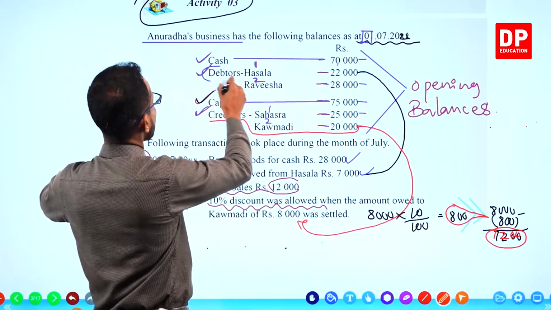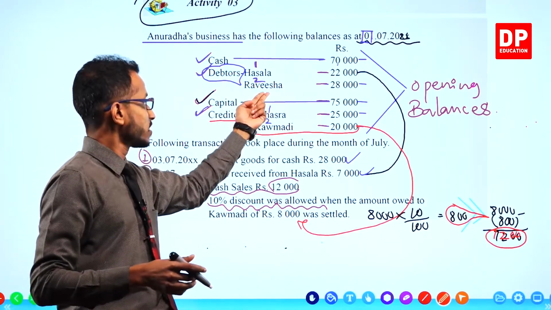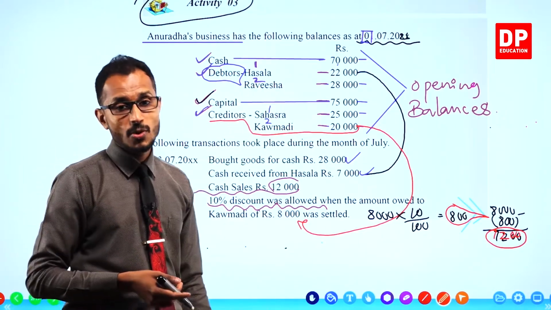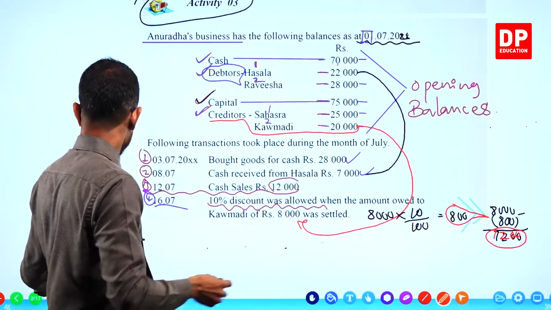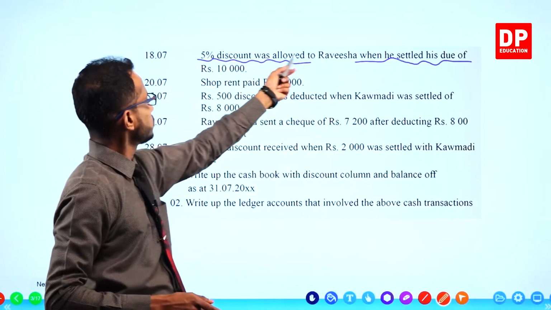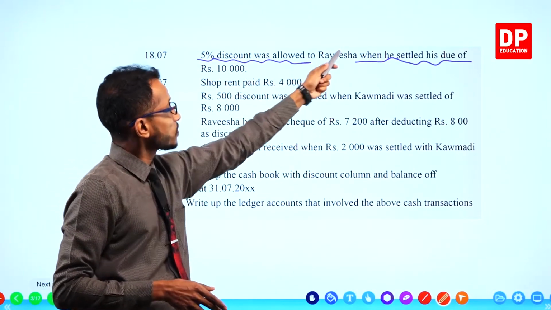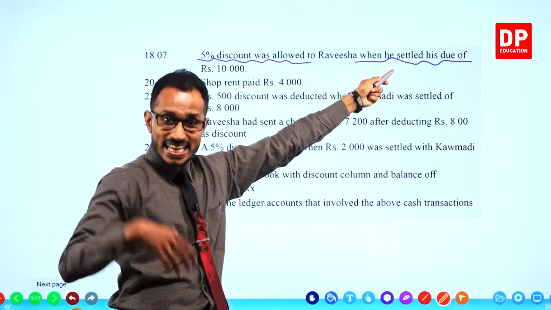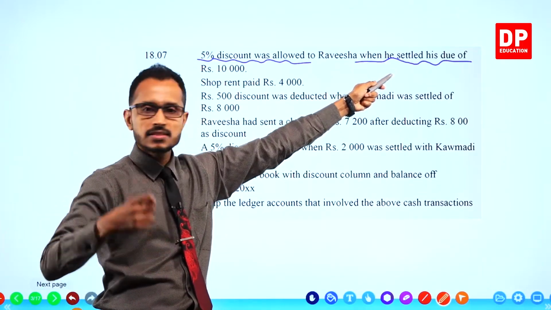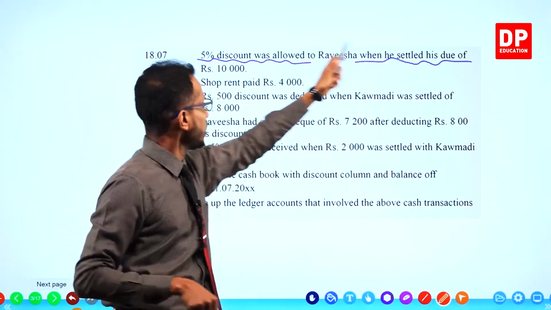He's a debtor. Oh, previously we thought Ravisha is a girl. Now we know that he's a boy because he owes us 28,000. Here it is mentioned that with a 5% discount, Ravisha settles his money, not the entire amount, only 10,000.